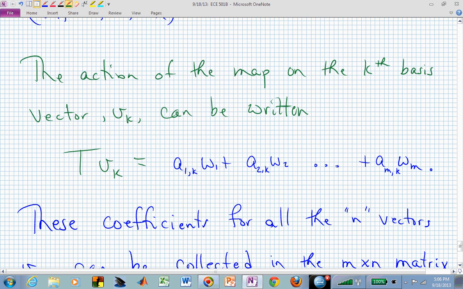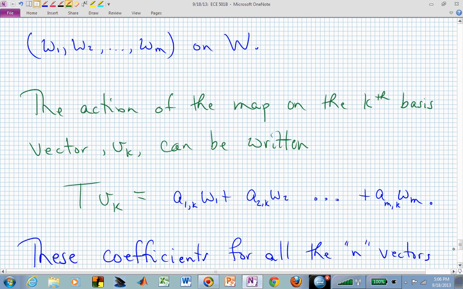So now what I'm trying to say is we're mapping between the domain, capital V, and the codomain, capital W. Now what we want to do is, it's efficient, if we have a basis in our domain, why don't we just look at how each of those basis vectors gets mapped into the codomain?